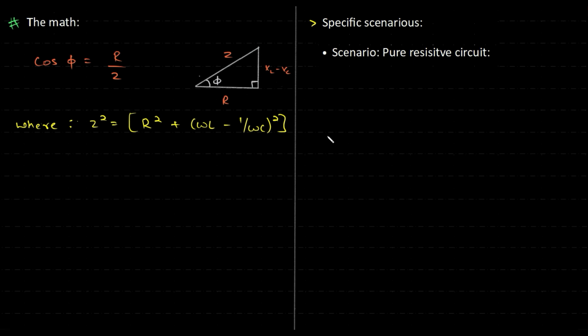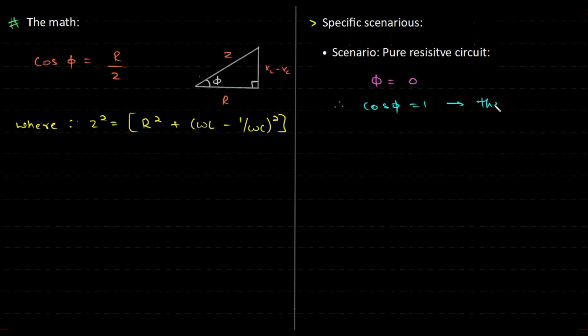When we have a purely resistive circuit, what happens? Think about it. Yes, your phi will be 0. Is it not? So cos phi will be 1, and this is your maximum possible value.